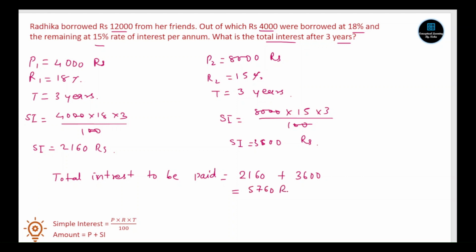Yes, great job. All right, simple. See, you have to do it carefully. For amount 1 and principal, the total principal which she borrowed, we divided into two parts and then we calculated and then we found the total interest, right?